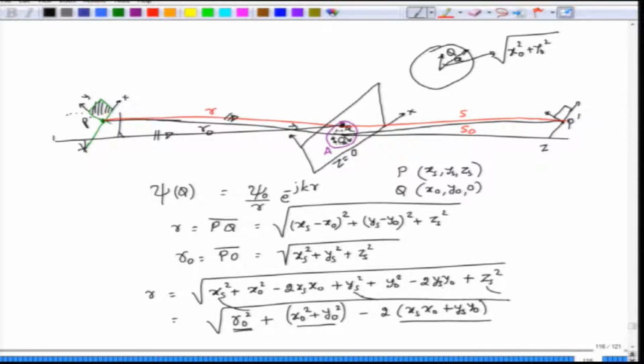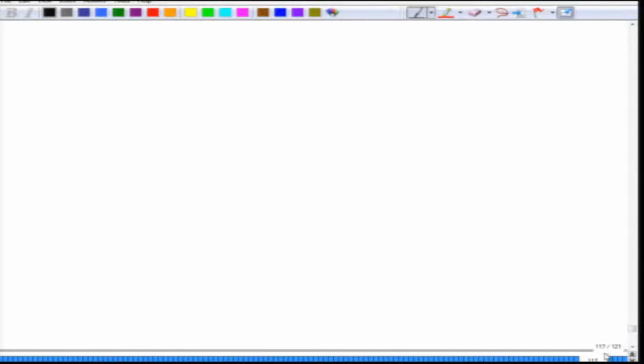Okay. So, because of that, I can take this r0 out of the square root, and then I will get these two terms divided by r0, and I am going to write this out as approximately r0 into 1 plus x0 square plus y0 square divided by 2 r0 square, minus xs x naught plus ys y naught divided by r0 square, so the 2 will cancel.